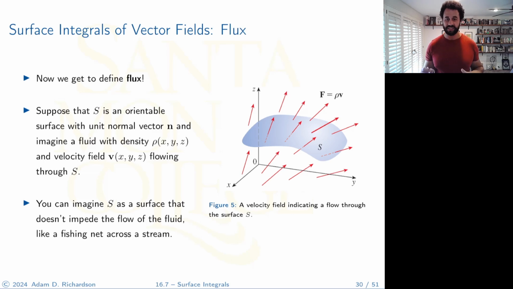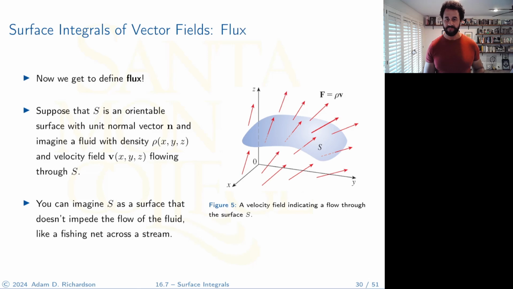So suppose that your surface S is an orientable surface with a unit normal vector n, and I want you to imagine a fluid with density rho, and a velocity field flowing through your surface. So this is a good picture.